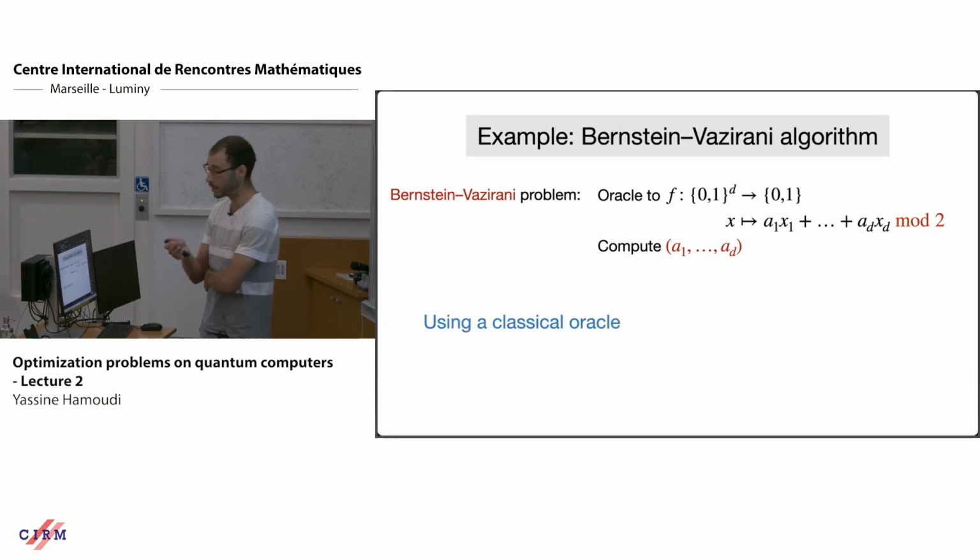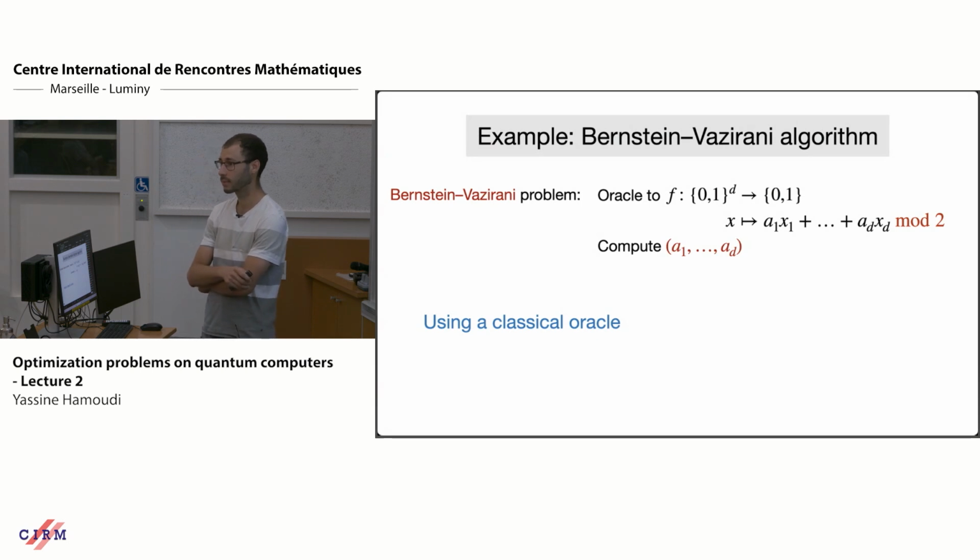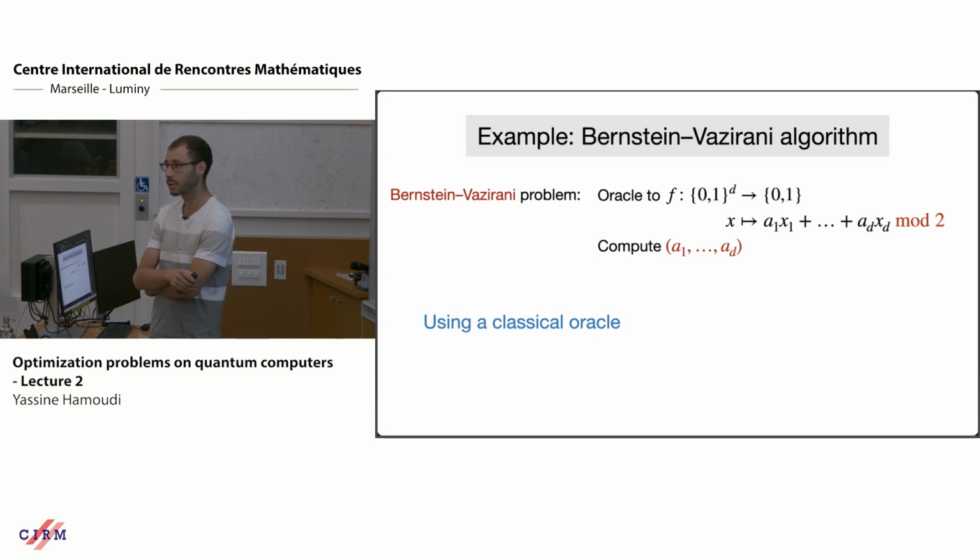Okay, so let's start with a classical oracle. Could someone tell me, if you have a classical oracle, so you can just evaluate f with classical queries, what would be your strategy to compute the function? Does someone have an idea? Exactly.